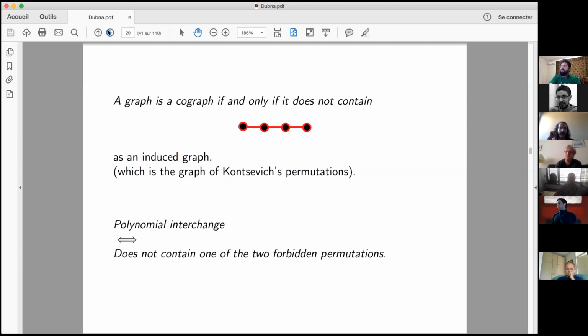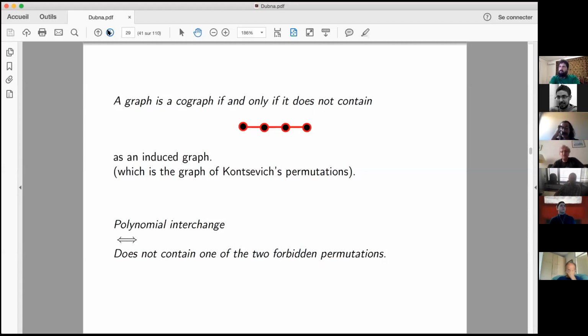I agree that this proof is more complicated, but you will see soon that in the more complicated question that I want to discuss with you now, this approach is really the best. You start from a permutation, you go to the associated graph, you look at the structure of the graph, and from the structure of the graph, you can deduce the criterion for being a polynomial interchange just from not containing one of the two permutations of Conceivage.